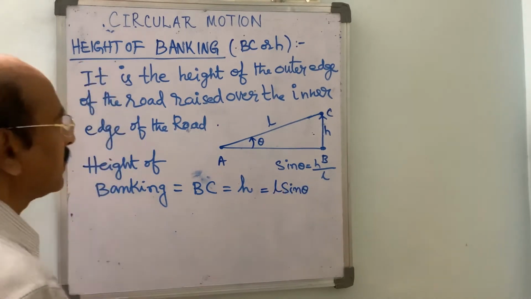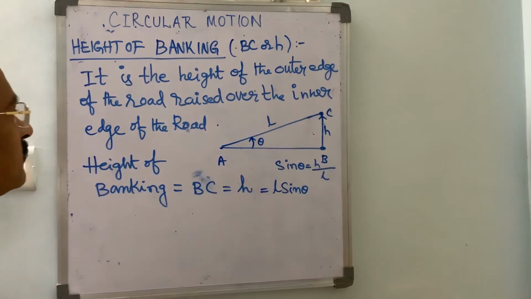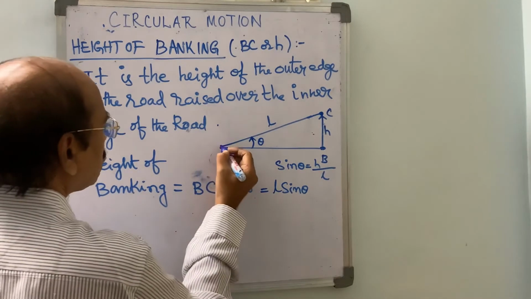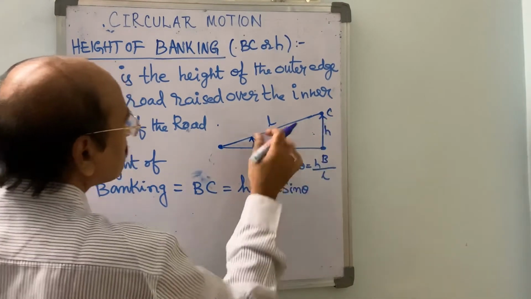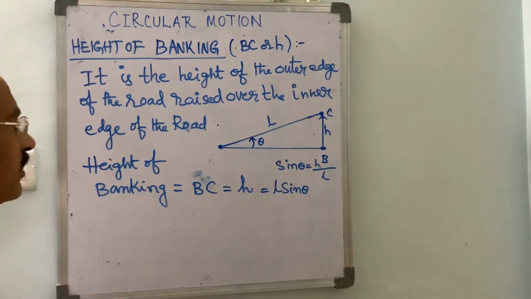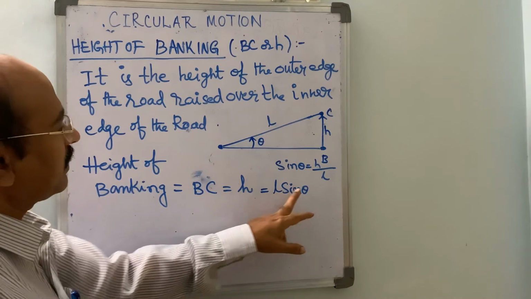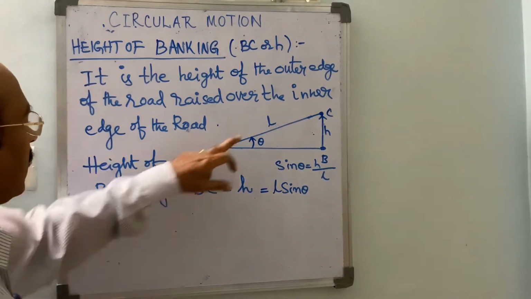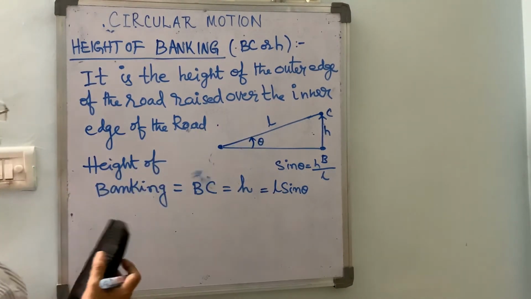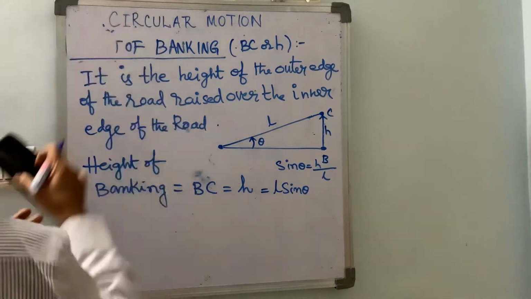L is the length of the road AC, and sometimes it is taken as 2L in some figures. So height of the banking H is equal to L sin theta or 2L sin theta, depending upon the convention used.